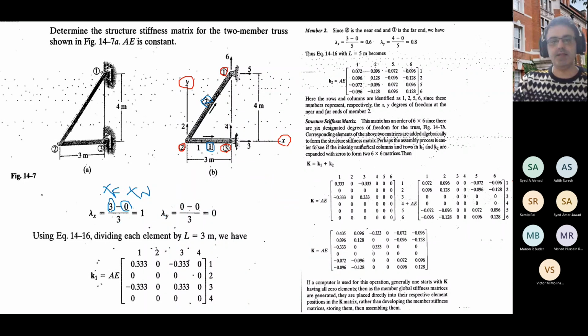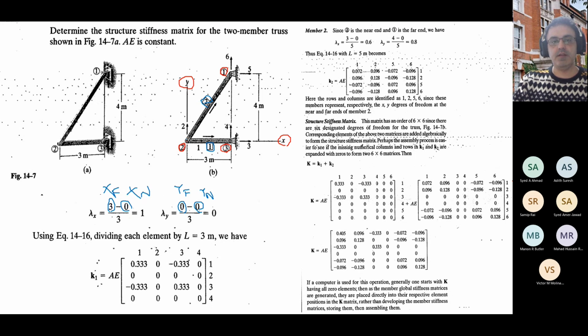Again, for lambda y, although they are both 0, lambda y speaks about y for the far end, and this is y for the near end, aren't they? For the far end, the y is 0, and for the near end, the y is 0. The Y-axis is this one. So the 0 is here, with positive values and negative values.